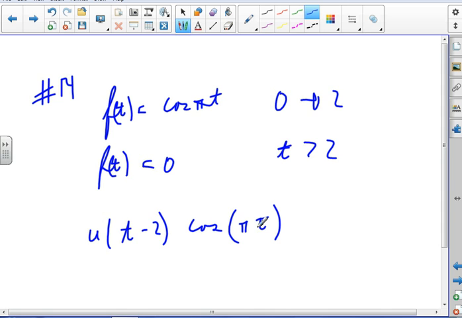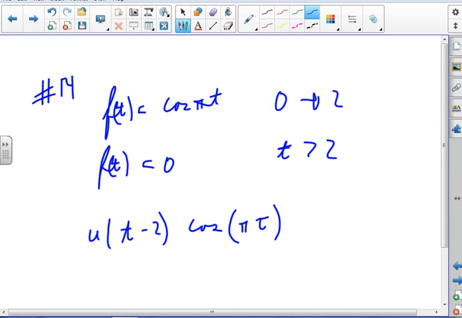I'm looking on page 307, and I say, if I have cosine 2t between 0 and 2 pi, and I have 0 for greater than 2 pi, then f of t is going to be 1 minus the unit step function times the cosine 2t, which is going to equal that other thing.